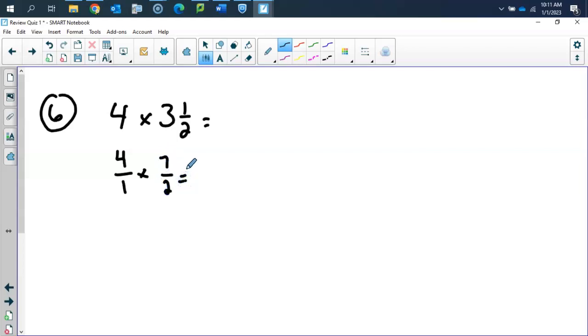Now, when you are multiplying, you can basically multiply straight across and then simplify at the end, or simplify any numerator with any denominator first. This 4 and 2 are both divisible by 2. So what I would do is 2 goes into 2 one time, 2 goes into 4 twice, multiply straight across, and I get 14/1, which is 14.